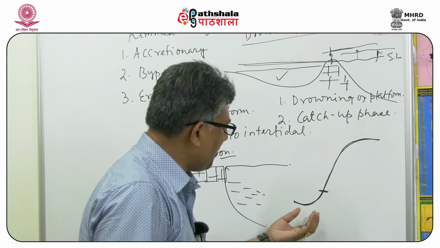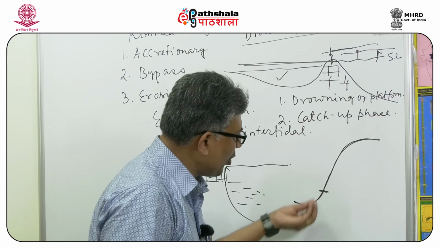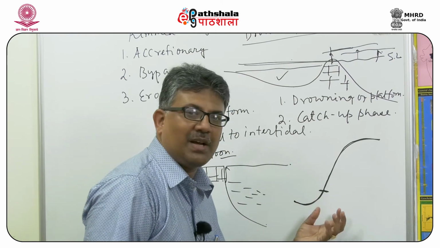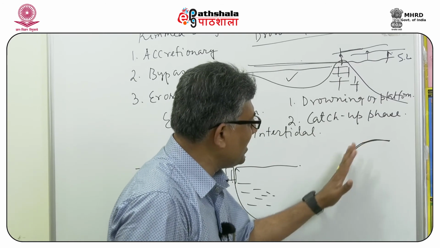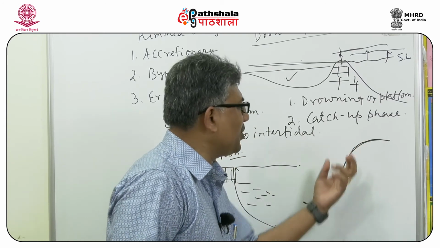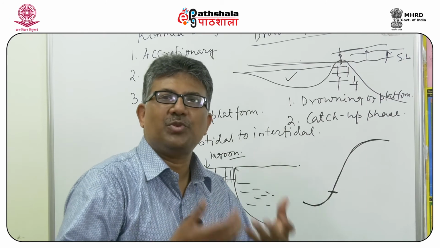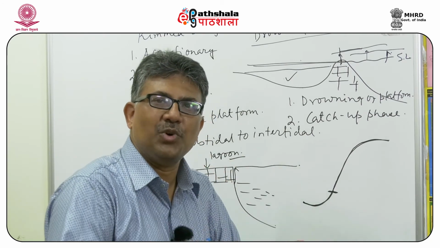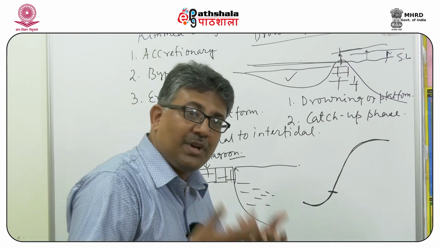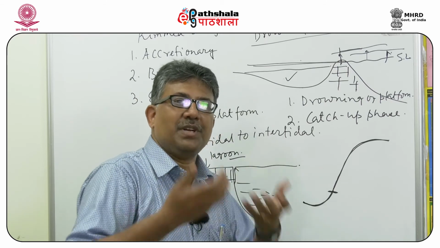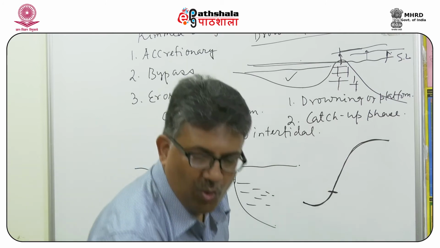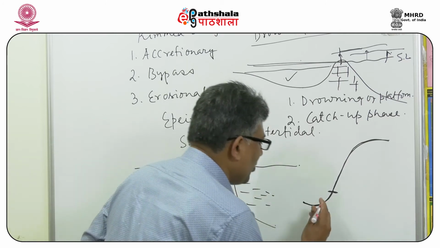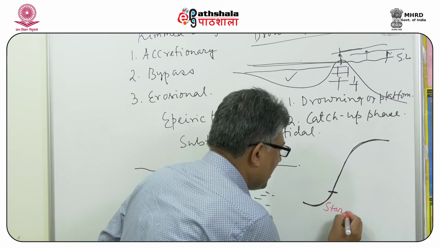A carbonate platform will start with the initial slow rate of rise, what we call the startup phase of the carbonate platform, and as the relative sea level rises at a steeper slope, it will try to catch up, because it will always try to remain within the photic zone of the ocean. Because it wants to be always in the photic zone to have its productivity, it will try to catch up. So this is the phase we call the startup.